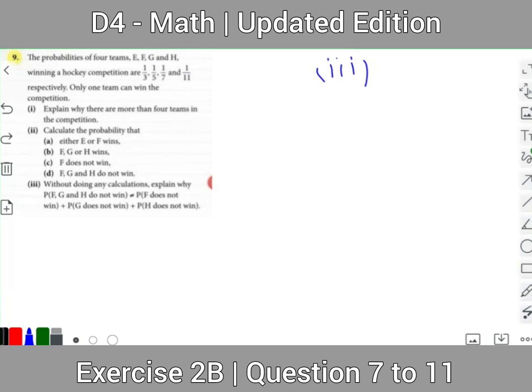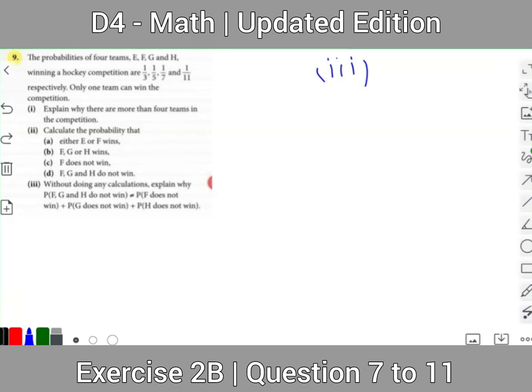So for this, the events of each team, F, G, or H, not winning are not mutually exclusive. Since there will be more than one team that will not win.